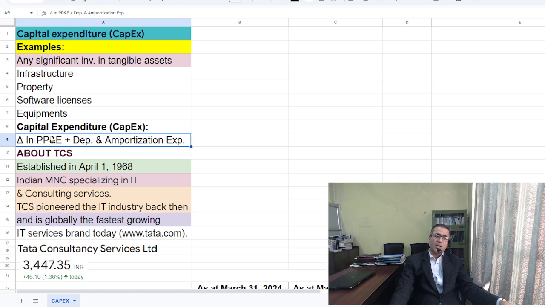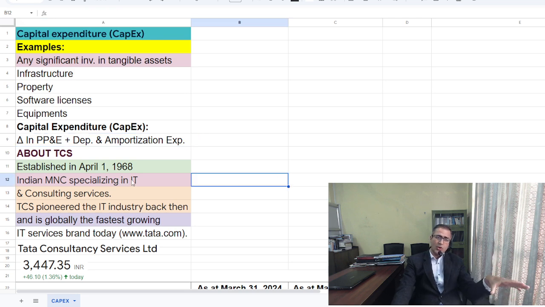And regarding capital expenditure, friends, this is simply change in property, plant and equipment plus non-cash expenses, that's depreciation and amortization expenses. Now, what about the background of the TCS company? It was established in 1968.